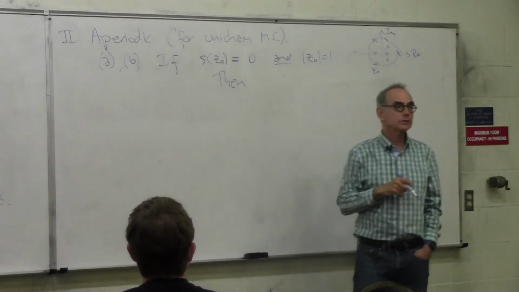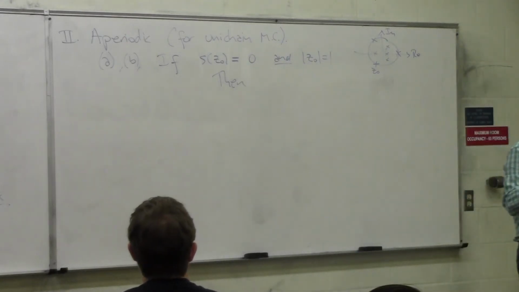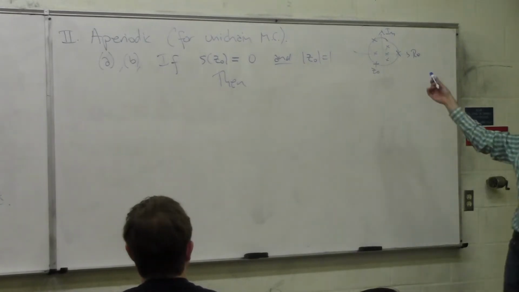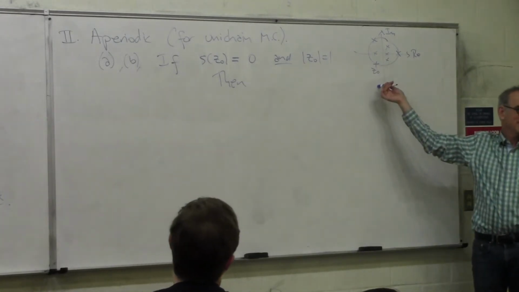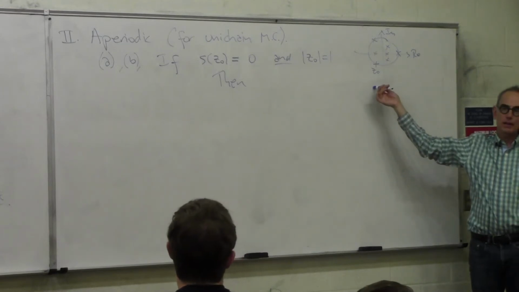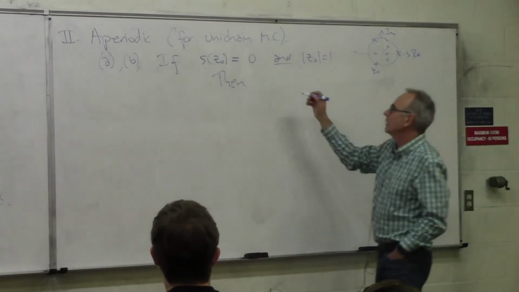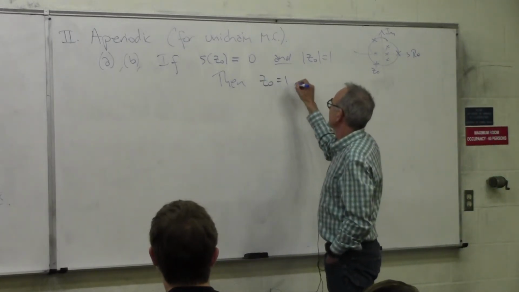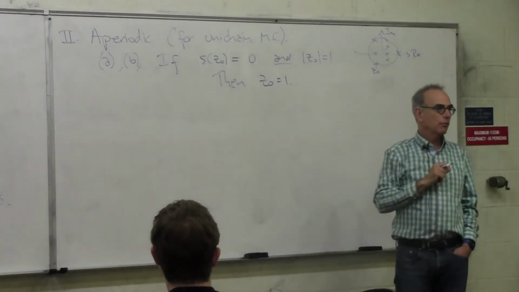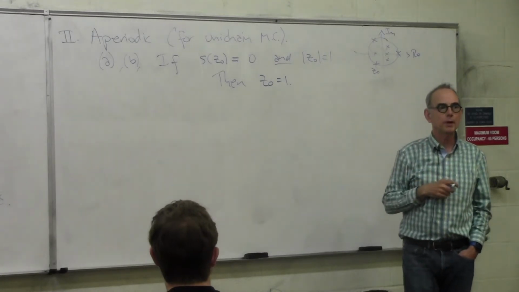There's a definition I gave last time. See, I'm defining aperiodicity. Then not that, right? Because having an eigenvalue on the unit disk implies periodicity. So then z naught equals 1.